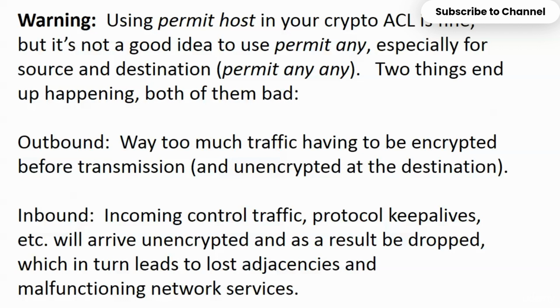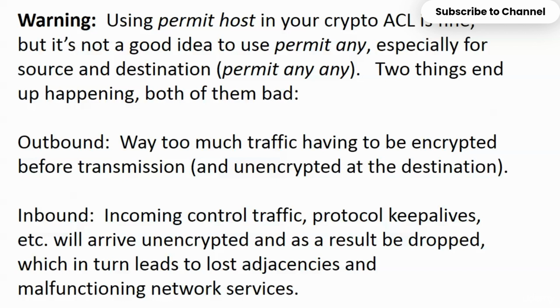If you put permit any for your crypto ACL on outbound traffic, what's going to happen? Everything's triggering the VPN and everything's getting IPsec protected. So you got way too much traffic being encrypted and then decrypted to the destination. A lot of overhead. You don't really want to do that.